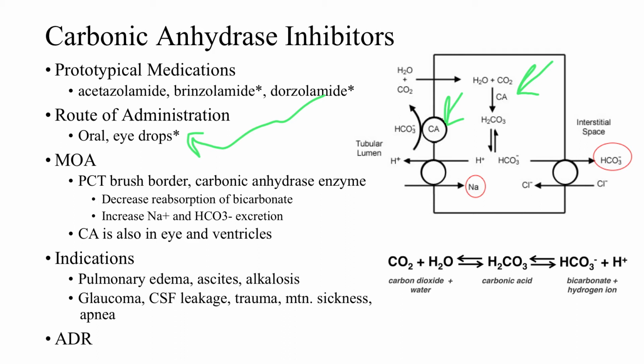The other place you can find carbonic anhydrase besides the eyeball is also within the choroid plexus, which is an area inside of the ventricular area of the brain that is responsible for the manufacturing of cerebrospinal fluid.